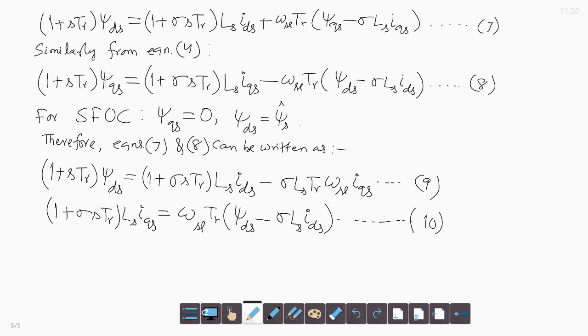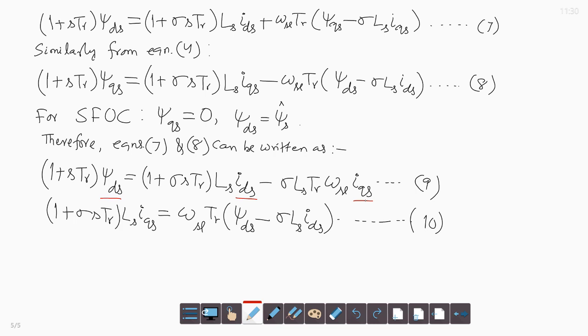So, let us analyze the equations 9 and 10. We have in 9 and 10 obtained from 7 and 8 after substituting psi qs equals to 0. So, when psi qs is 0, that means d axis is aligned along the stator flux psi s. So, does it mean the total decoupling? As you can see from equation 9, psi ds is a function of both ids and iqs. This is not as per the concept of vector control.